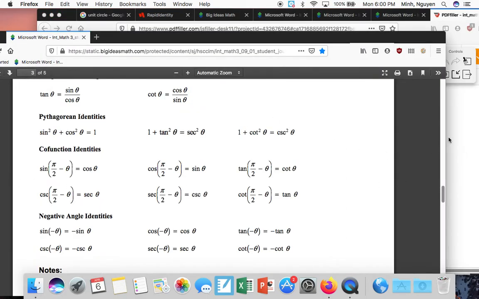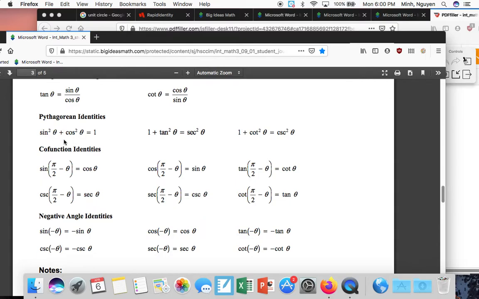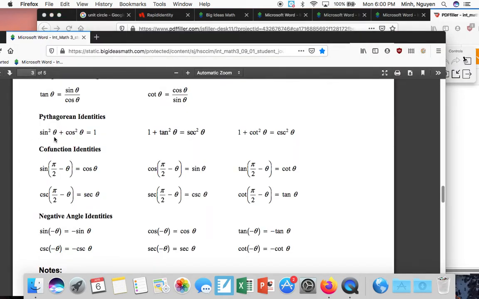But since I already see this 1 minus cosine squared, and 1 minus cosine squared is equal to sine squared, I'm going to go ahead and do this. Again, this right here, 1 minus cosine squared, is this identity. If I subtract cosine squared on both sides, then I'm left with sine squared.